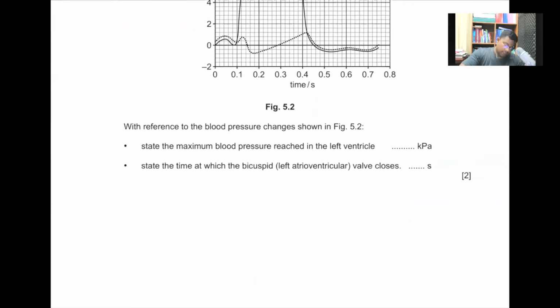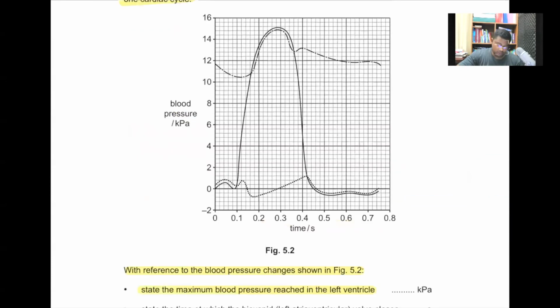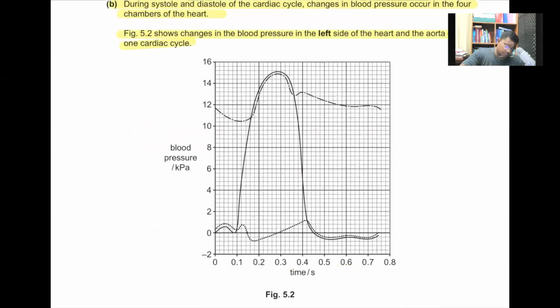Now, with reference to the blood pressure changes shown in figure 5.2, state the maximum blood pressure reached in the left ventricle in kilopascals. So the maximum blood pressure reached, we can see, okay, so that is about 15 kilopascals.